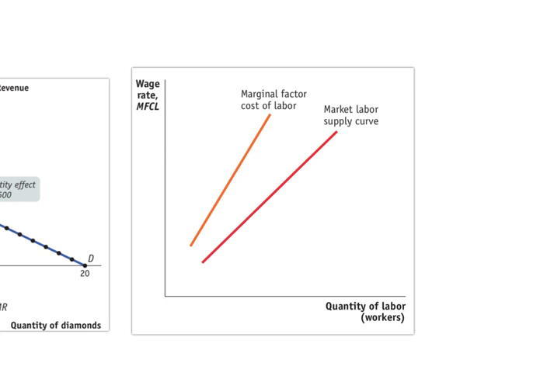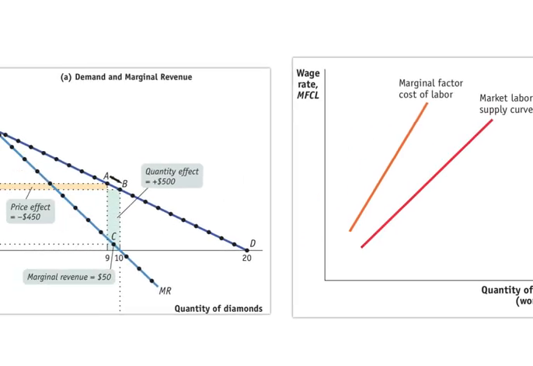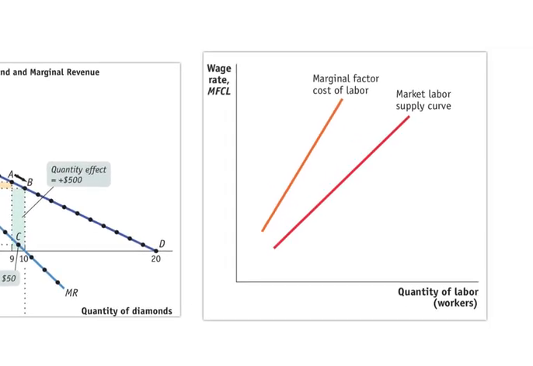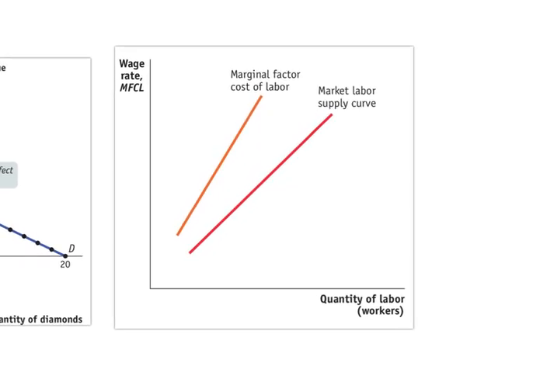They have to raise the pay to everybody. So just like we have a separate demand and marginal revenue curve, we have a separate supply and marginal factor cost curve. That marginal factor cost is telling me that if I want to hire one more person, I'm going to have to pay more, and pay more to everybody.